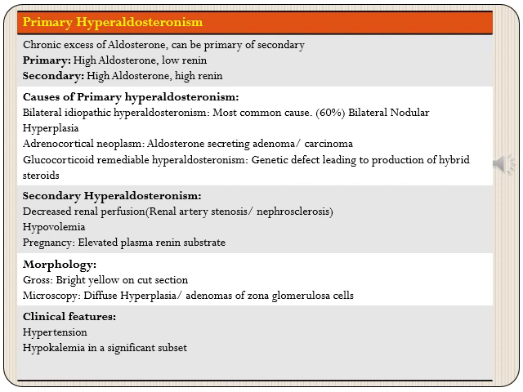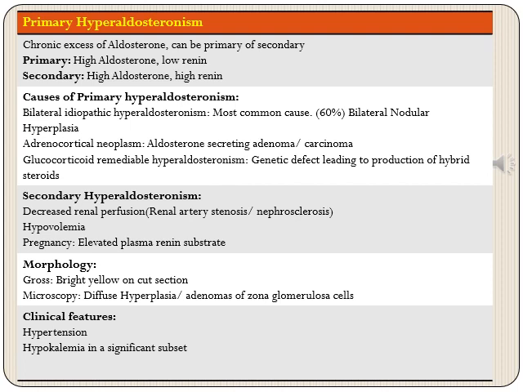Then there can be adrenocortical neoplasms which express aldosterone, and then there can be glucocorticoid remediable hyperaldosteronism. This is seen in certain families where there is a genetic defect which leads to production of hybrid steroids, and this makes aldosterone responsive to ACTH.